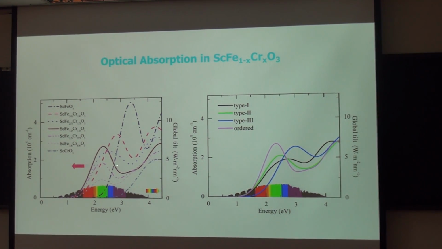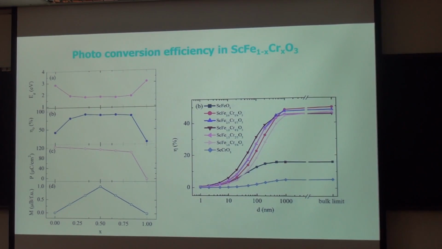For this double perovskite structure, we can find it starts from 2 electron volts and absorbs most of the solar spectrum. In addition, we have studied the disorder-dependent absorption spectrum. We can find, in this case, the absorption does not depend strongly on the disorder in this double perovskite structure.